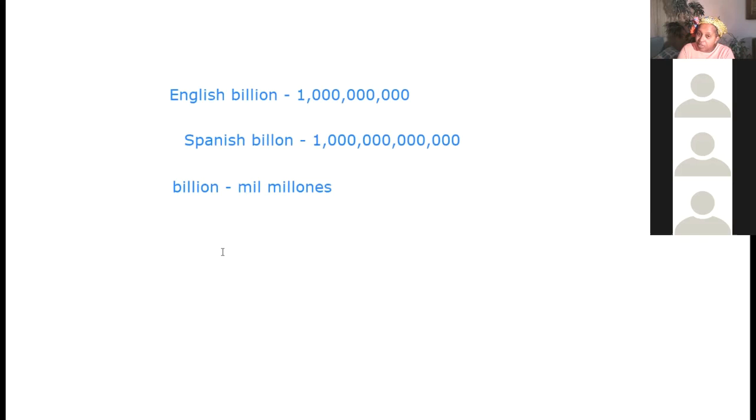If you ever become a translator, always ask, who is your target audience? If it's UK or Australia or South Africa or New Zealand, you're going to have to put mil millones. Or if you see mil millones in the Spanish, it's billion in English. So always ask. It's kind of confusing, but billion is where it changes.